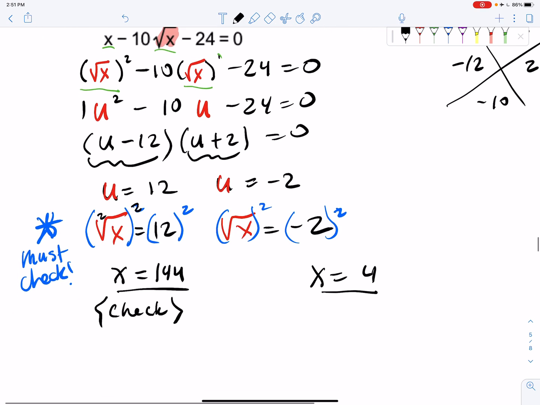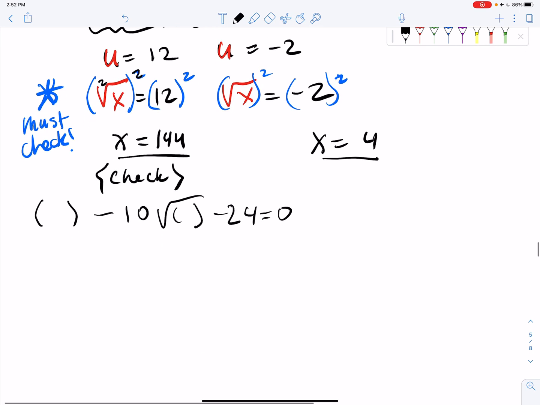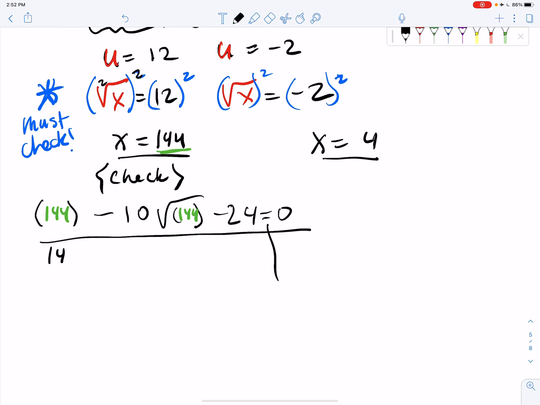The original problem said x minus 10 times the square root of x minus 24 better equal 0. So what did I get on this particular one? Well, I got 144. So I want to see if this in fact equals 0. 144 minus 10 times the square root of 144, which is just going to be 12.